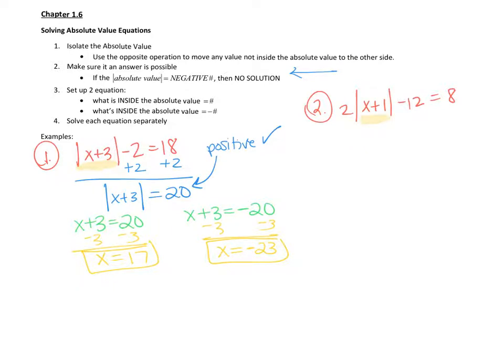Remember, the first step is I need to isolate what's inside of that absolute value bar. So the first thing that I need to do is add that 12. Then I'm going to now divide by that 2. I cannot start distributing into an absolute value bar. It does not work like that. Okay.